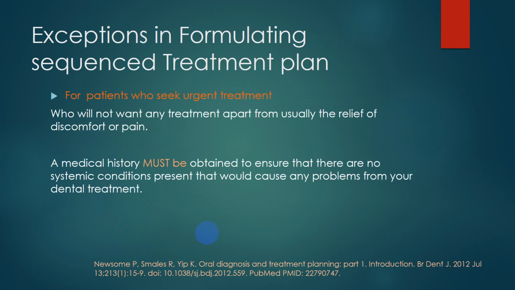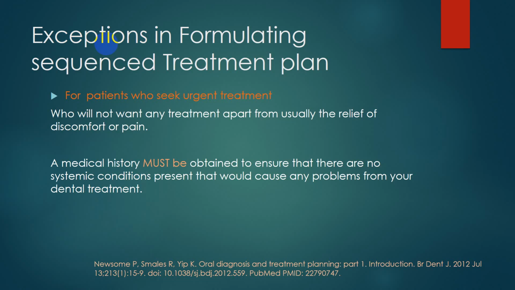Now, we have certain circumstances that we can accept. We have exemption from having a sequential treatment plan and phases of treatment plan. This exemption will come if the patient is coming to your clinic seeking urgent treatment only, and he will not come back to your clinic.